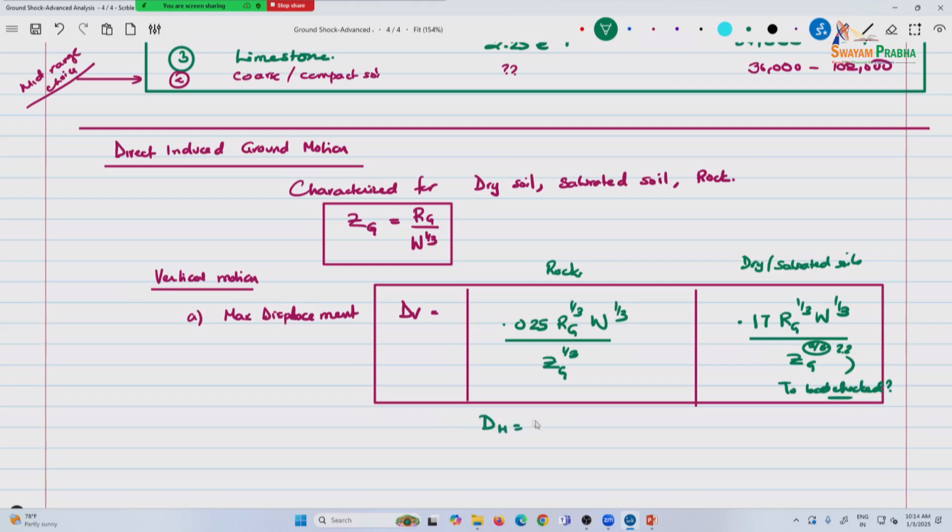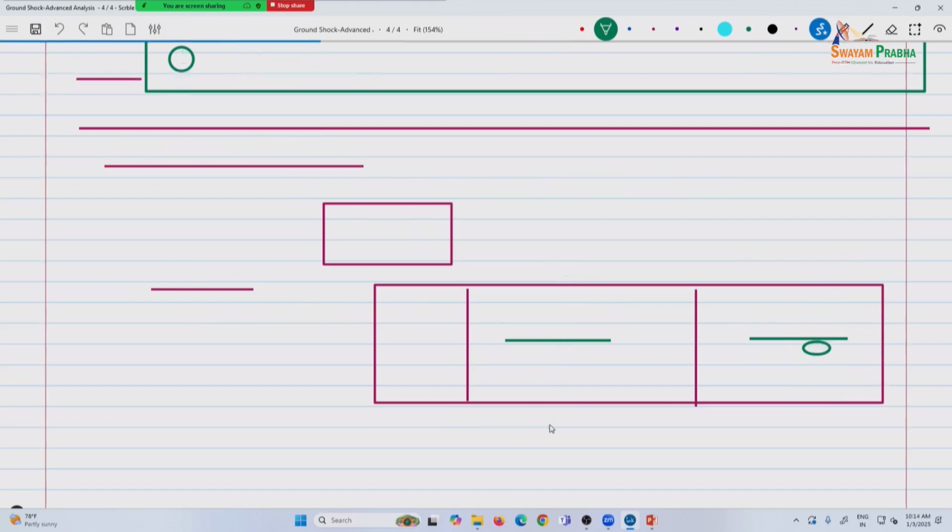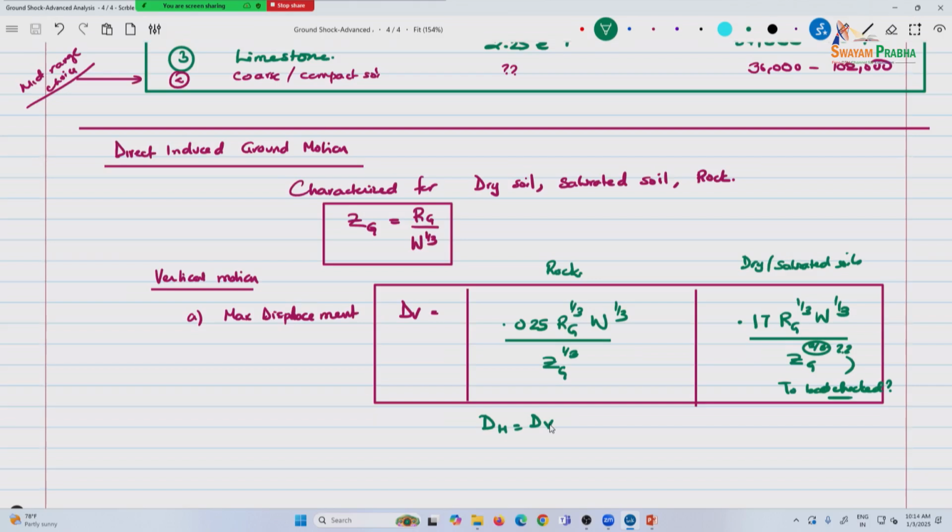And dH is considered, you can take it to be equal to dV. Yeah, I have it as 2 by 3, but that's what I wanted to check.